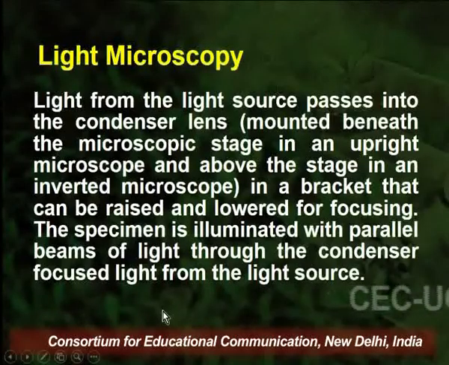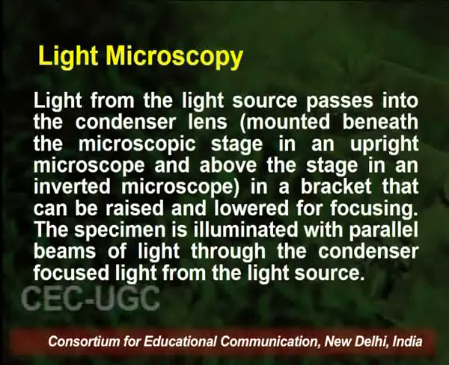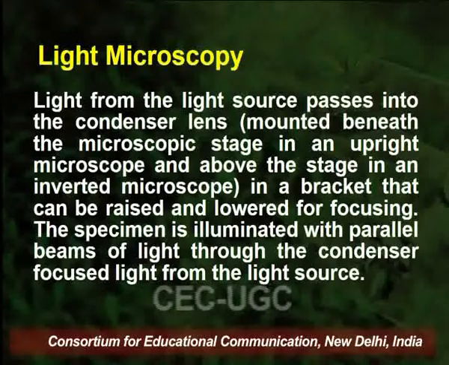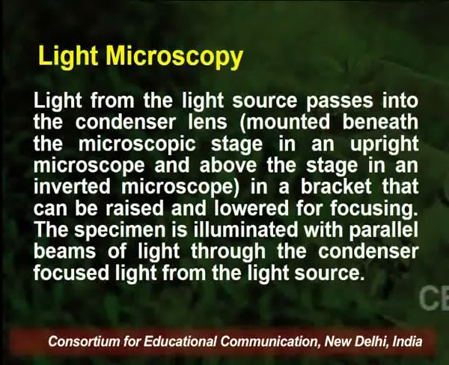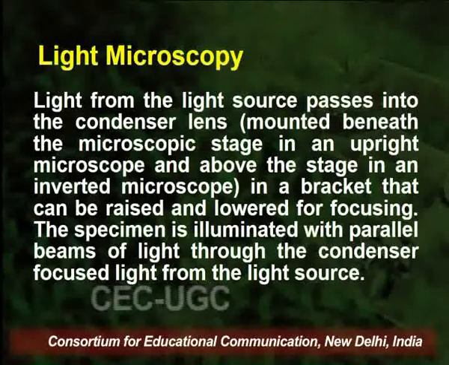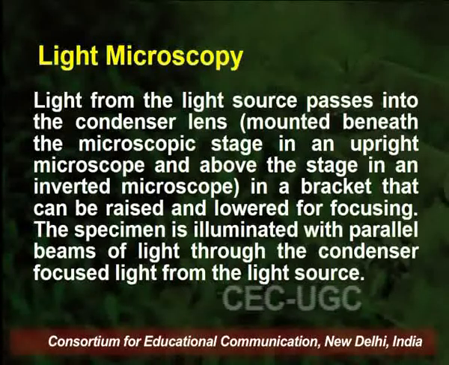Now light from the light source passes into the condenser lens. The condenser lens is mounted beneath the microscope stage in an upright microscope, whereas in an inverted microscope, the condenser lens is mounted above the stage.